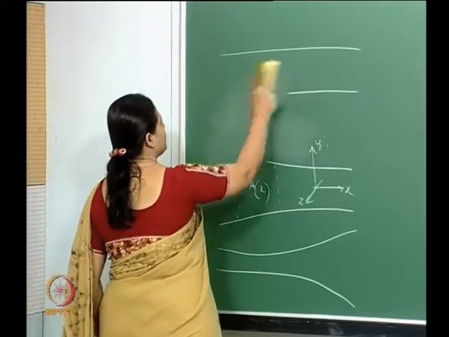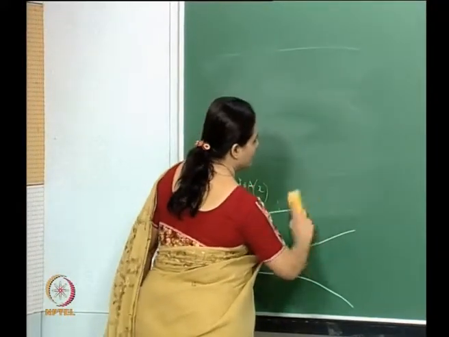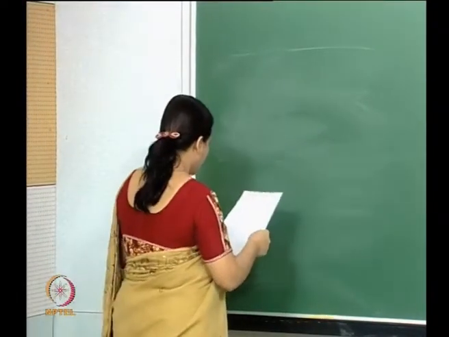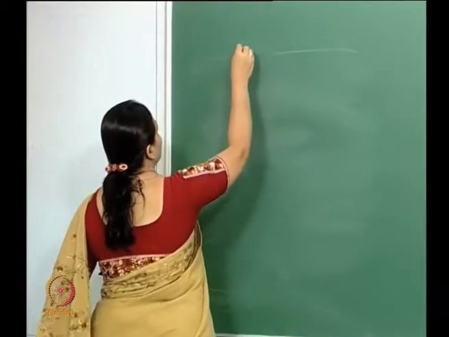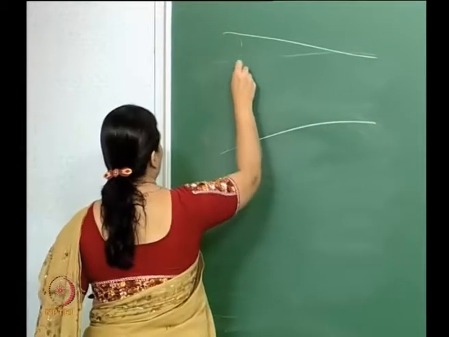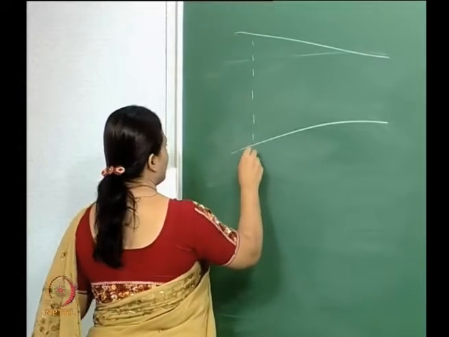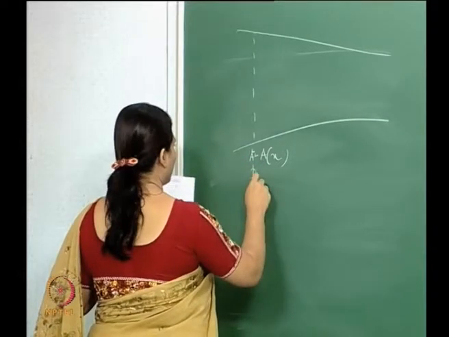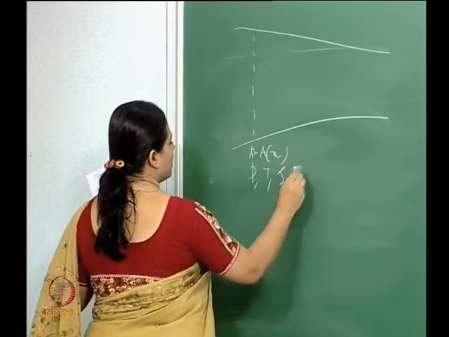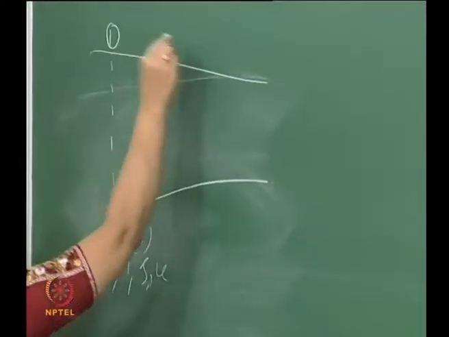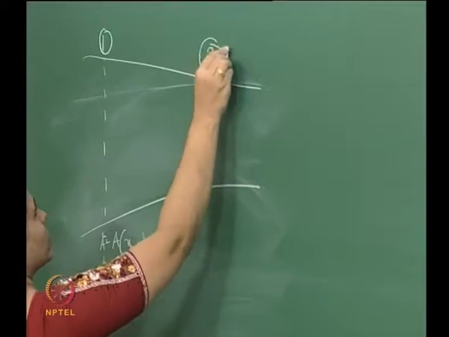Say we have a quasi 1D flow, right? Here A is basically A(x), and you have pressure, temperature, density, velocity, etc. Now let us take a particular location here, and another particular location over here.